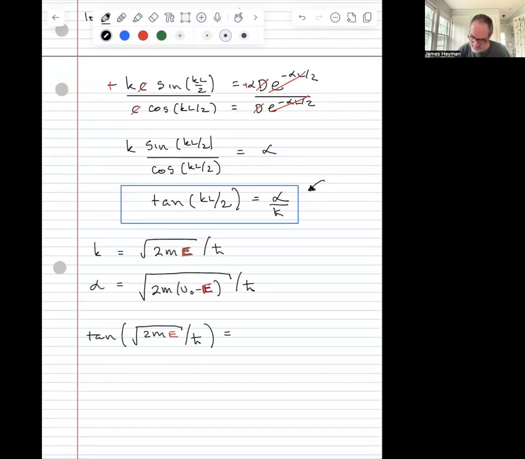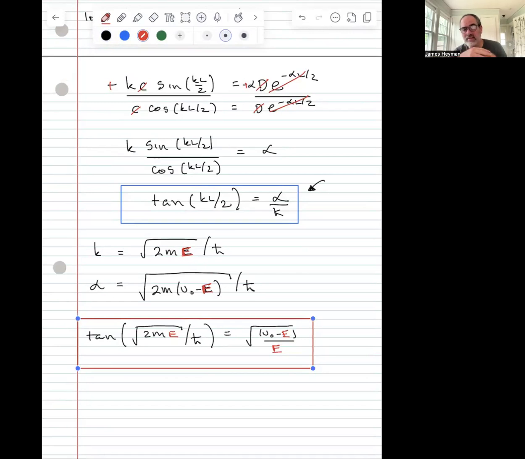When I find alpha over k, some common terms will cancel out, and we'll get an equation for the energy. Here it is.